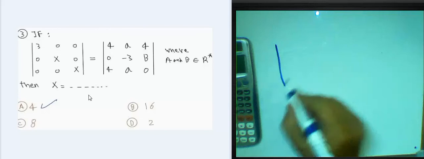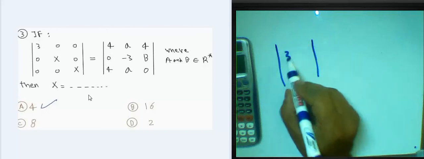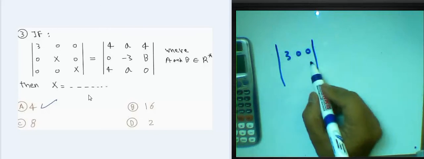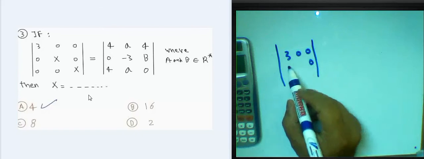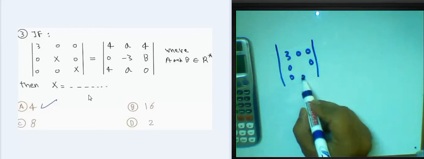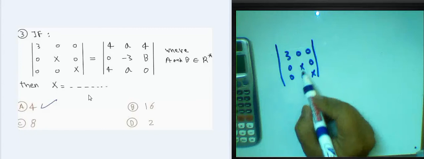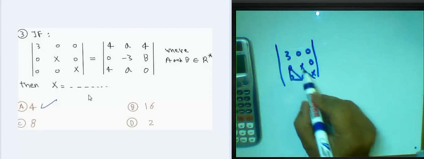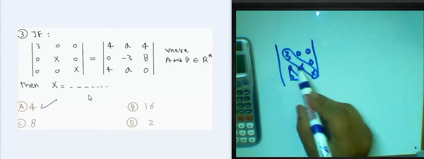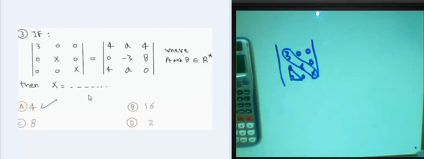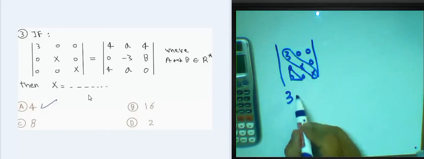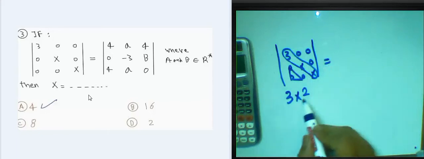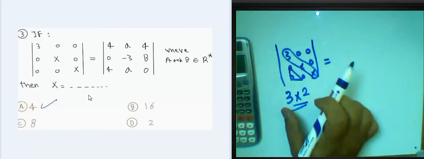The absolute value of the determinant here: 3, 0, 0, and here 0, 0, 0, and x and x. We can find the result: multiplication of 3 times x, it will be 3x power 2. Okay, 3x power 2 is the result of the first determinant.